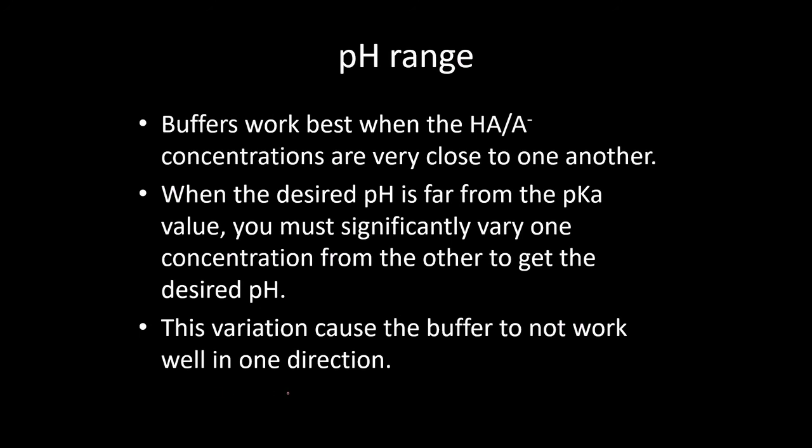It really doesn't work well in either direction, but it works a lot worse in one than the other. If you push the ratio even farther away with that buffer, then you get a larger change in the pH than if you go back closer to the ratio of 1 to 1. But in either direction, it doesn't work very well.